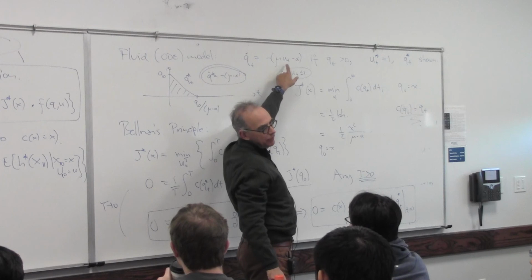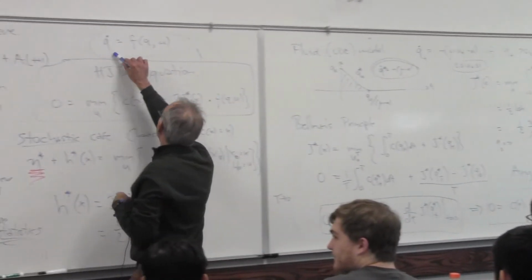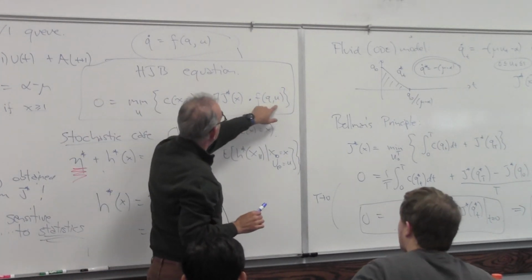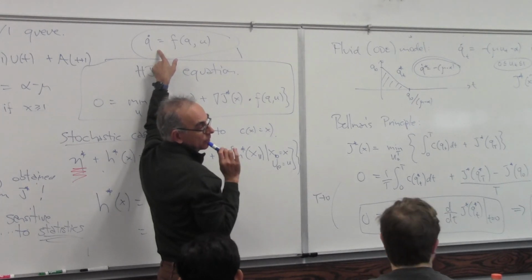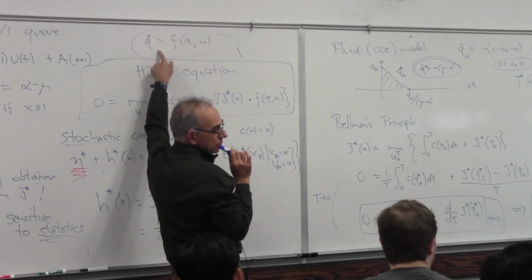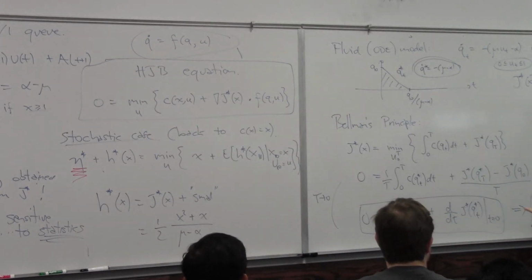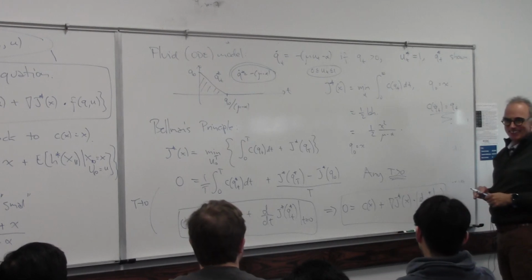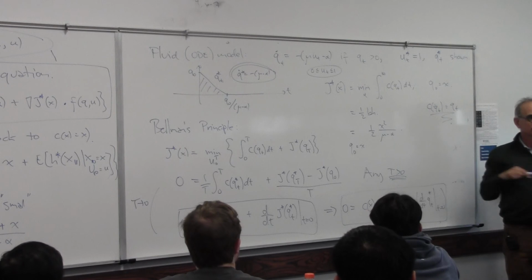And generally it'll have u and the state as well. So if you had some function like that, then this is a Bellman equation. And the reason is again, because f is just q dot. Right. I'm using the fact that we have an expression for q dot.